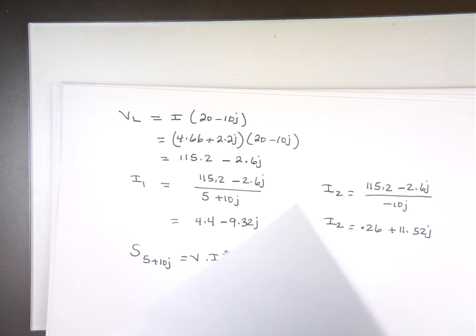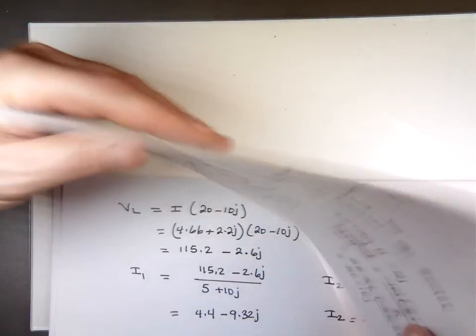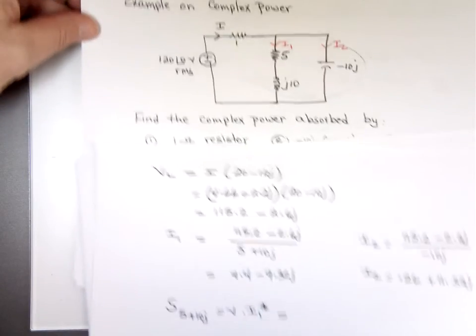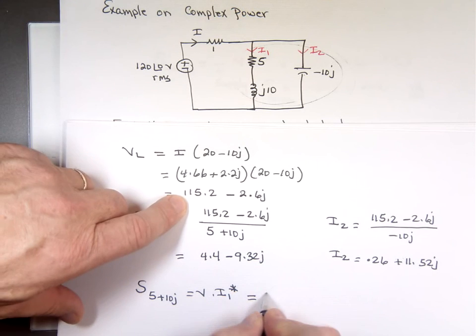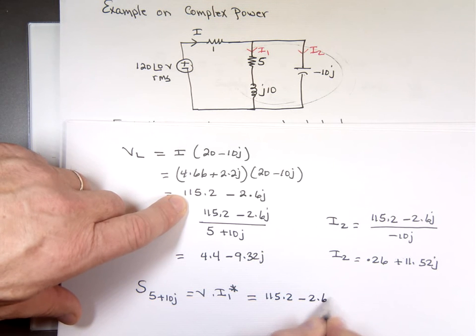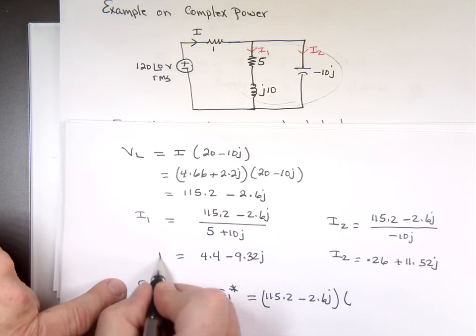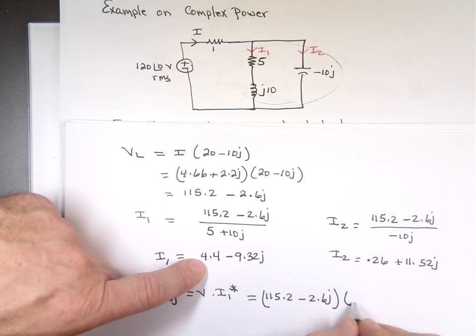Oh, right there on the top. I'm just blind. Right here. It's 115.2 minus 2.6j. I sub 1. This is I sub 1. I need its conjugate. What's its conjugate? 4.4 plus 9.32j.